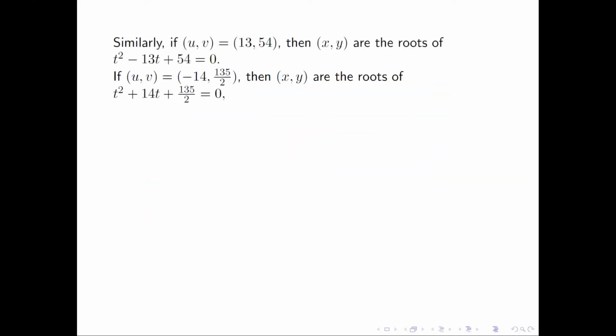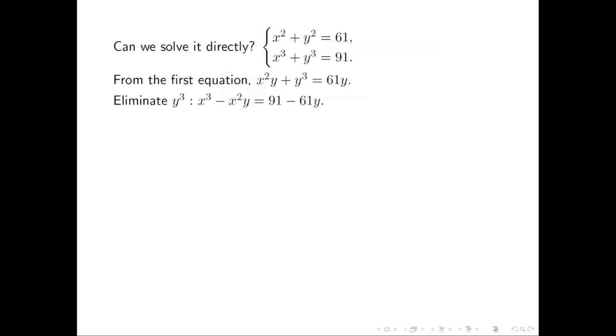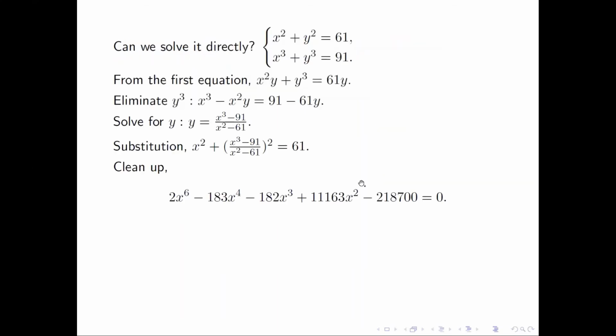And the second quadratic polynomial, t squared minus 13t plus 54. And the third one is 2t squared plus 28t plus 135. And then we replace all t with x. This is exactly the factoring of the polynomial of 6 degrees. Why? Because they are all the roots for x. This must be true, but you can verify that.